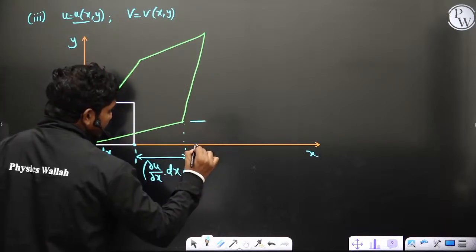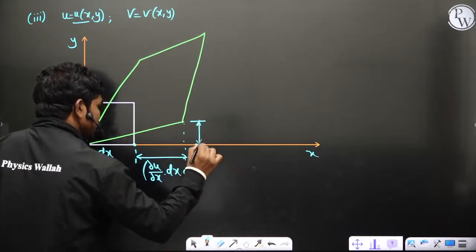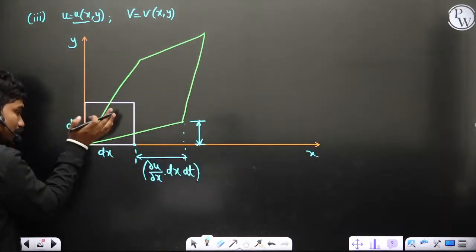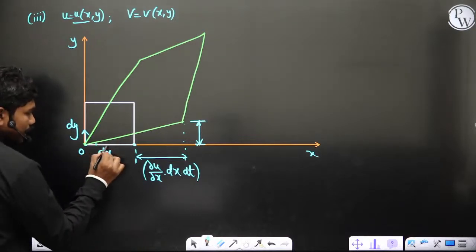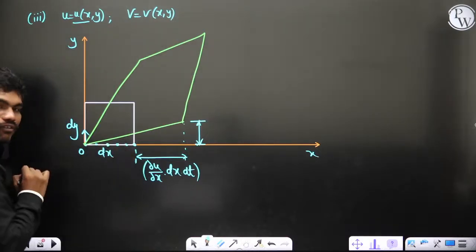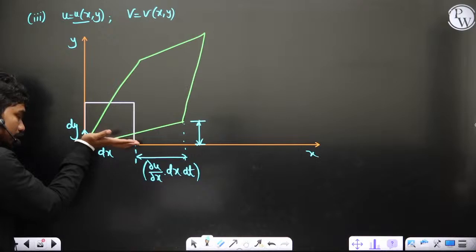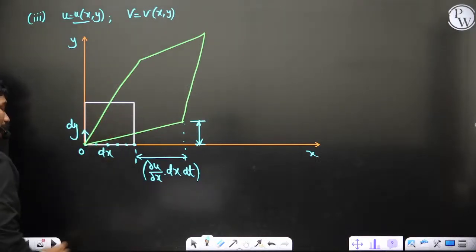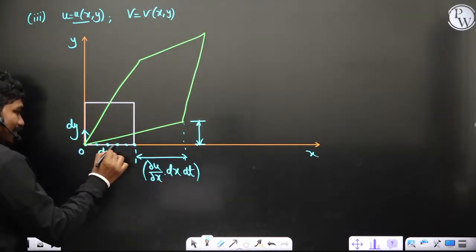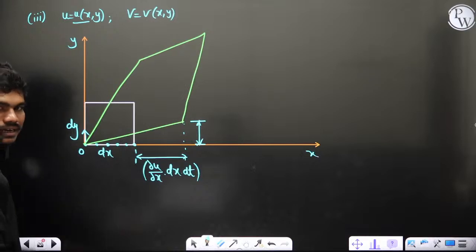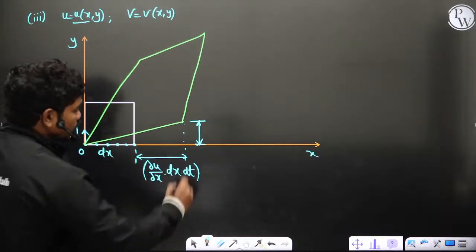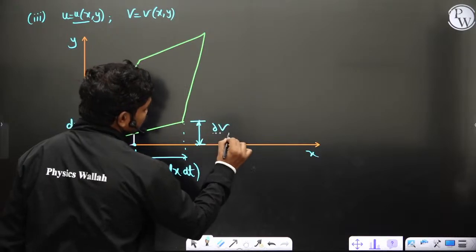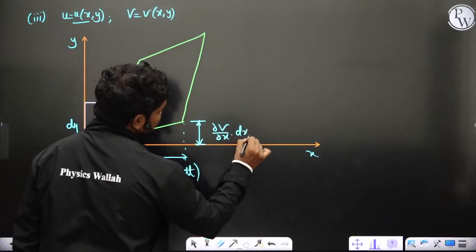Similarly, this elevation of the surface, or basically this flat surface becoming inclined, is because these particles have different y components of velocity, yes or no? This lifting up of the base is due to the change of y component of velocity with x. So this dimension is nothing but ∂v/∂x into dx dt.